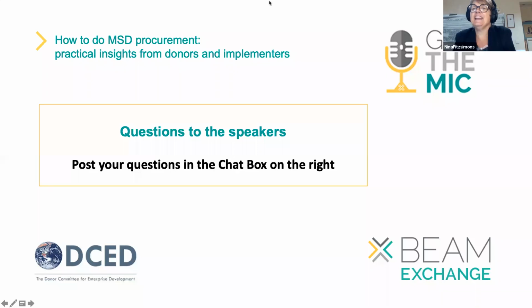My takeaway is that if you want flexibility and adaptive management in MSD, which we do want, then I'm going to build on Roger's point that you need to foster relationships also internally in the team between implementation and the operational side. And I think operational staff need to be seen on a par with the technical staff.